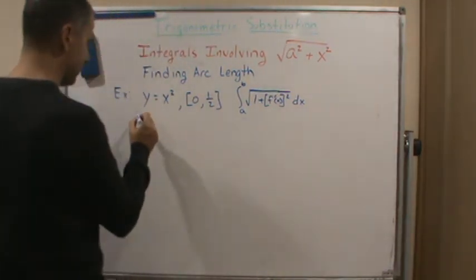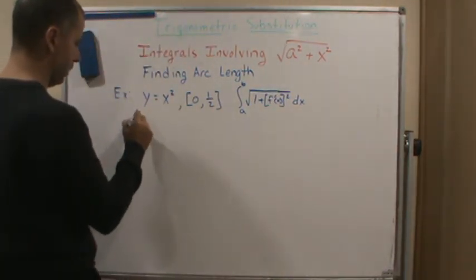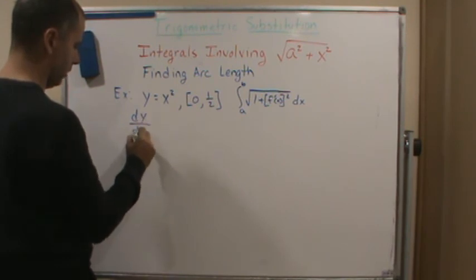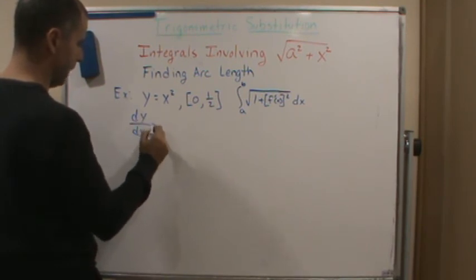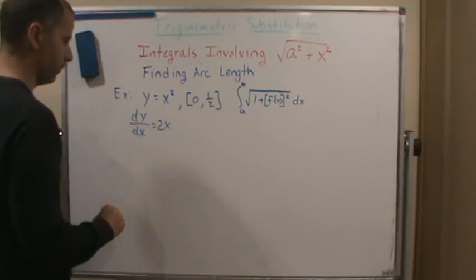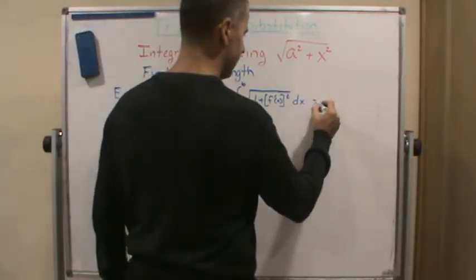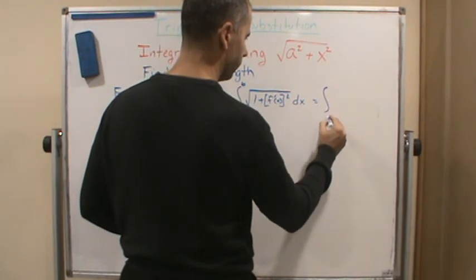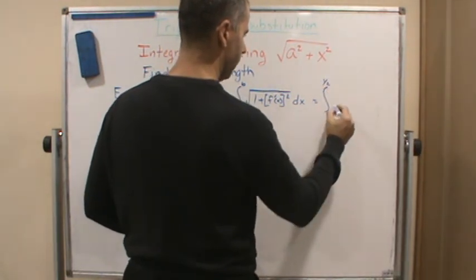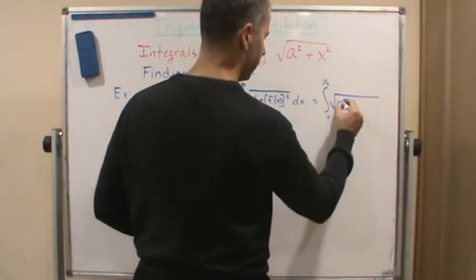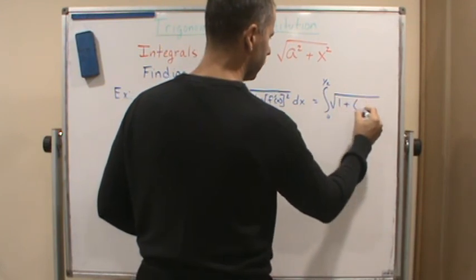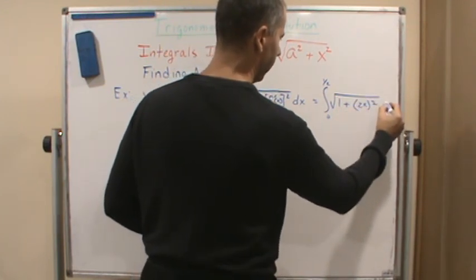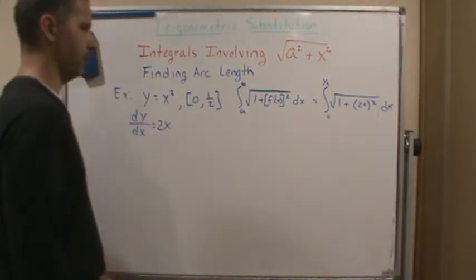Now, in this case, the derivative dy/dx is equal to 2x, which then gives us, going over this interval, the integral from 0 to 1/2 of the square root of 1 plus 2x squared dx.